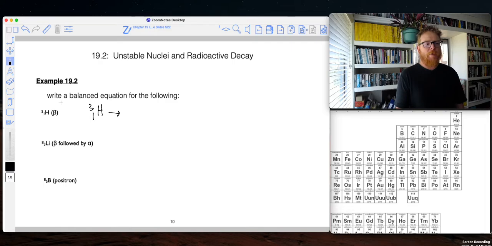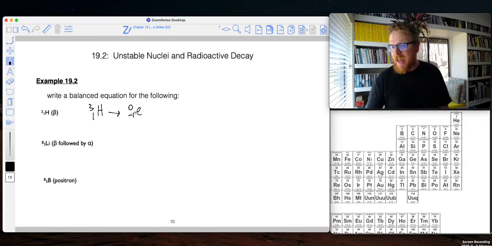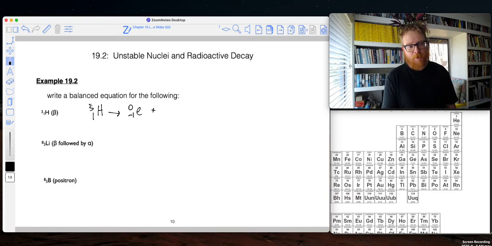And so because this told us it's beta, right away we'll just write the symbol for a beta particle, 0, -1 e. And we remember that these mass numbers and atomic numbers have to add up. Okay? So, for example, I've got a 0 right here in the mass number, and I know that it was a 3 to start with, so it's going to have to be a 3 to end.